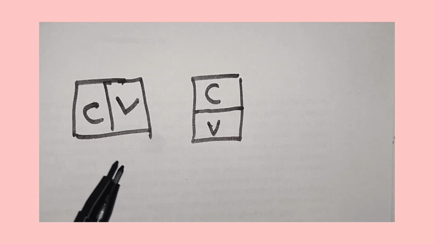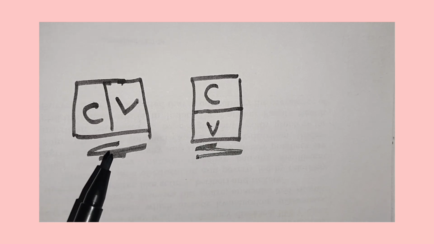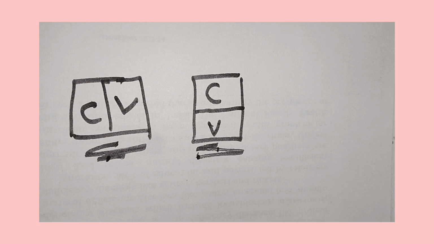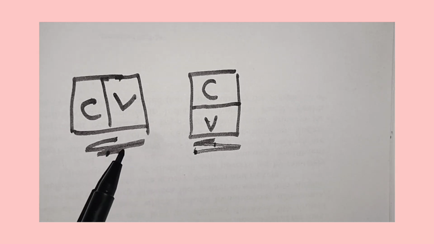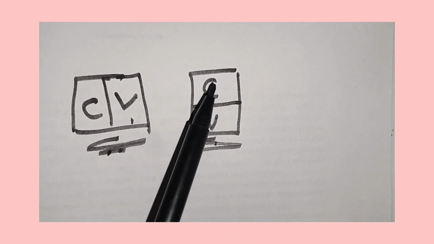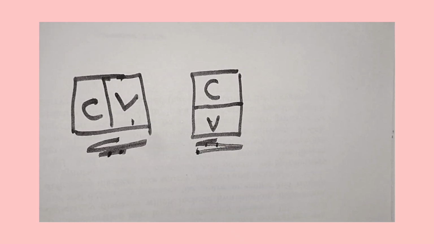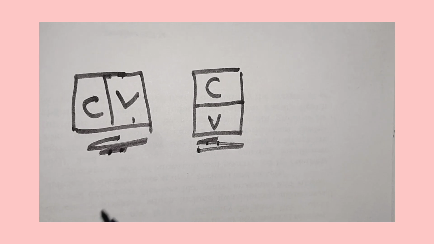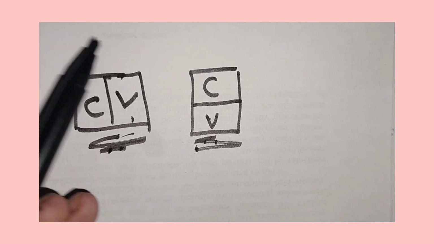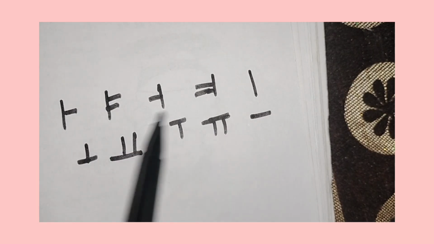You're seeing that these are different. The first vowels are placed to the side of the consonant, and the second ones are placed under the consonant. When you combine consonants and vowels, you always have to use these ways. These are the consonants.